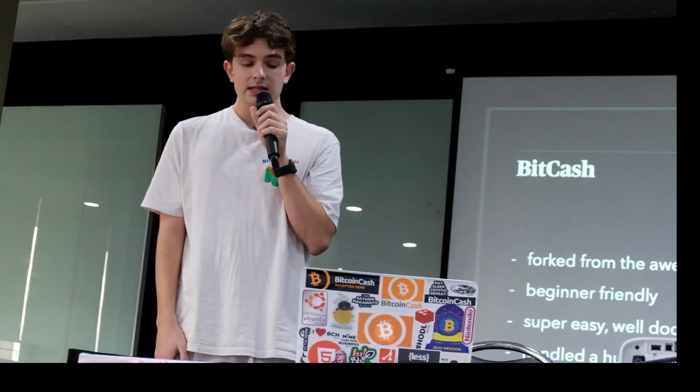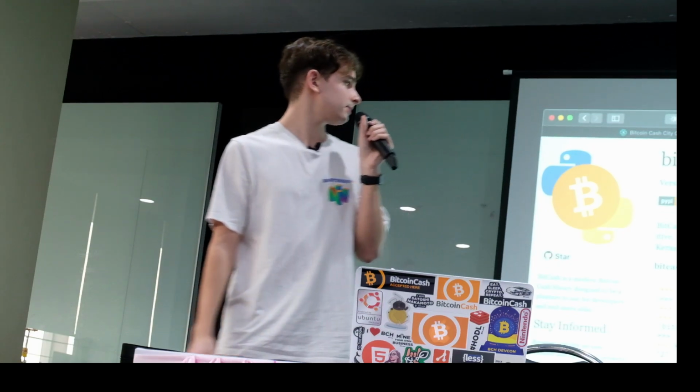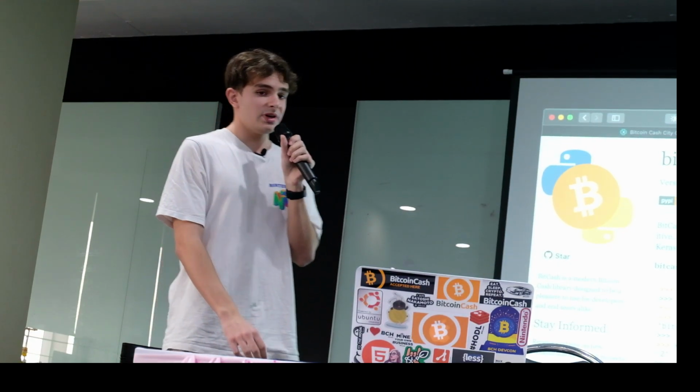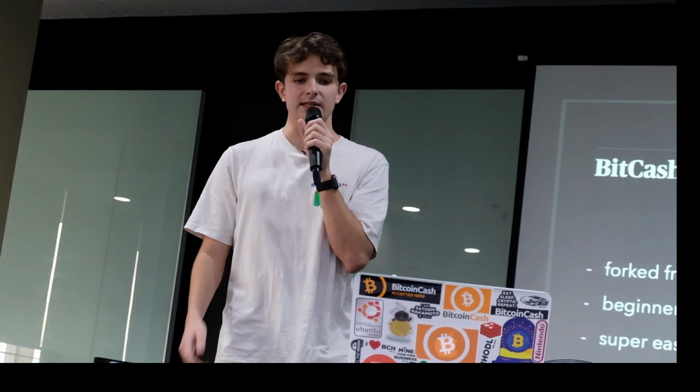It's very easy to get started with, and it's very well documented. It has 94% test coverage. This is the documentation, so I will put a link after the talk. Pretty much everything is documented. And it's been around for a few years, and it handled quite a lot of payments, so it's very stable.